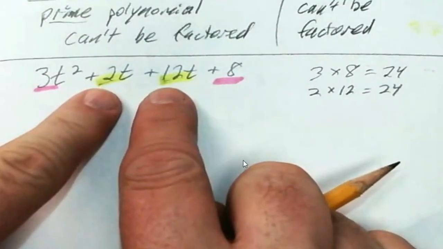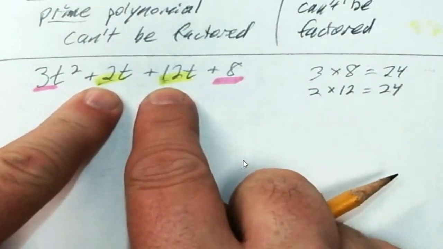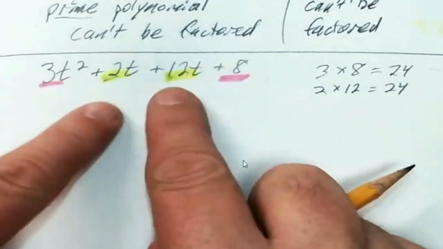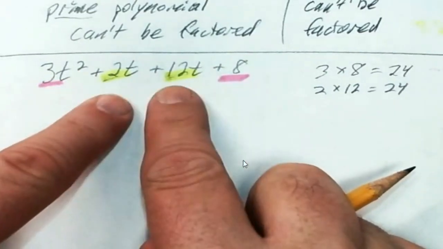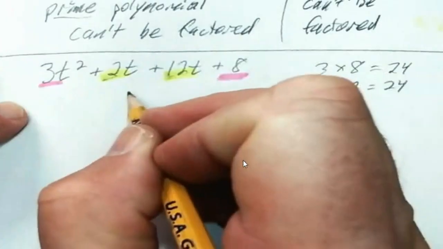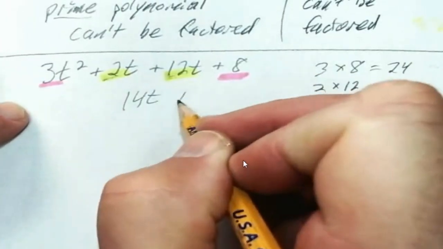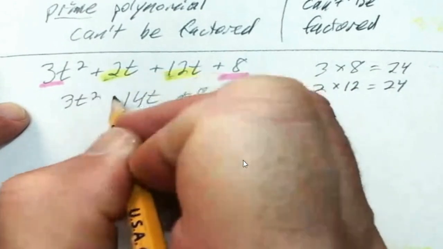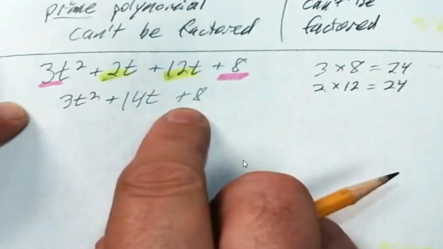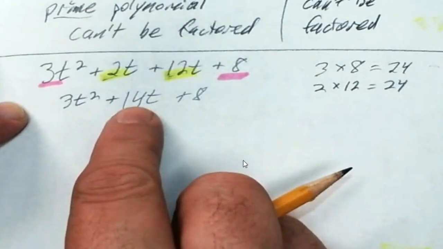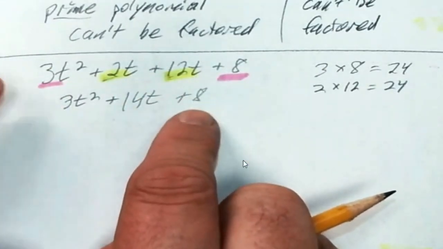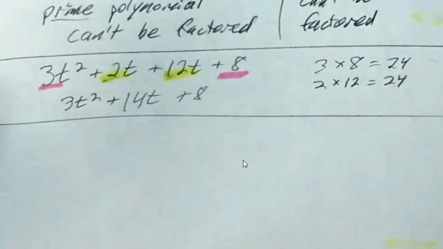Knowing that these need to multiply to be the same number. And these need to multiply to be the same. This and this. And then this combines to be 14t in our final answer because we combine those. But to find this, we would need two numbers that multiply to be the same as these numbers. We're going to play with that, doing some factoring of quadratics.